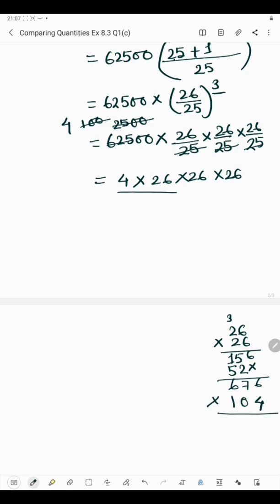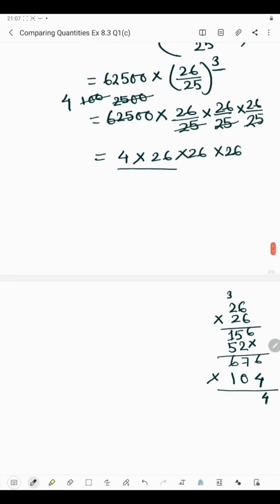Now we'll multiply 104 by 676. 4 6s are 24, 4 and 2 carry, 4 7s are 28, 28 plus 2 is 30, 0 and 3 carry, 4 6s are 24, 24 plus 3 is 27. Now if you multiply by 0, then we'll get 0. Now if you multiply by 1, then we'll get 676.